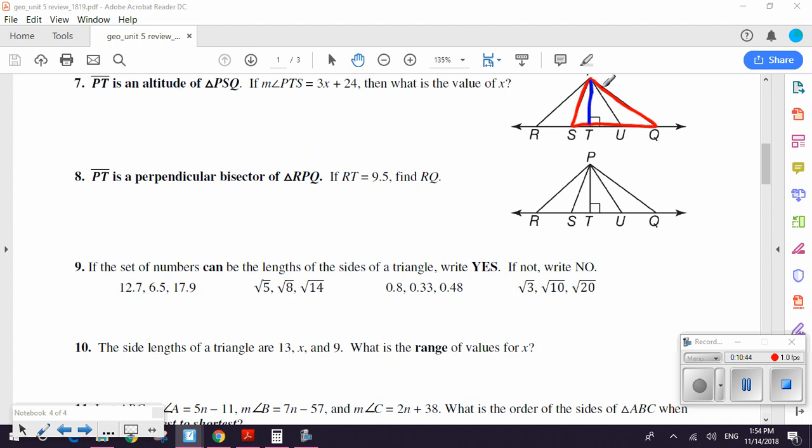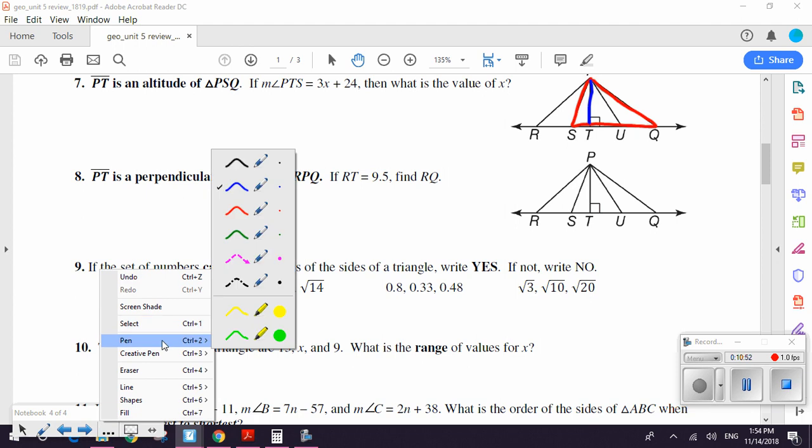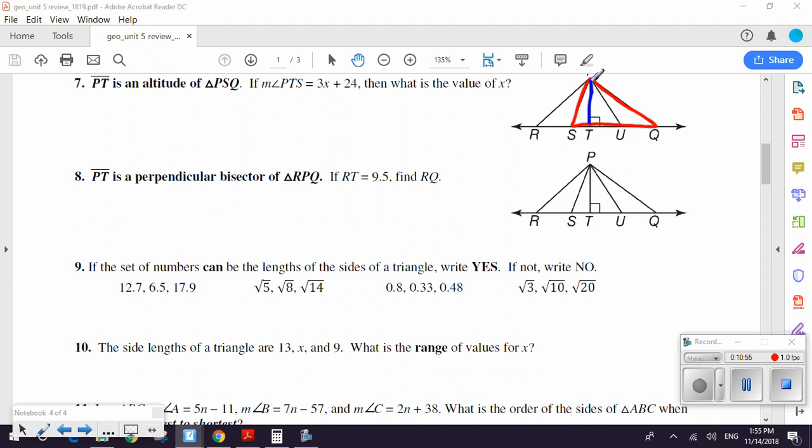My vertex is P. There's my 90-degree angle. Then it says the measure of angle PTS, if I trace that, PTS is this way, is 3x plus 24. So that's this angle here. What's the value of x?